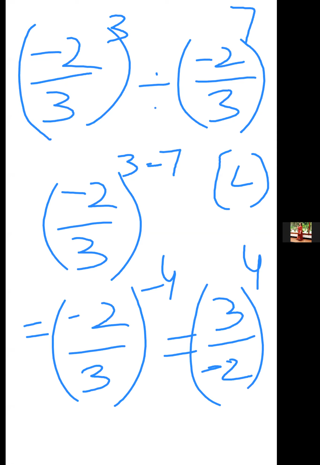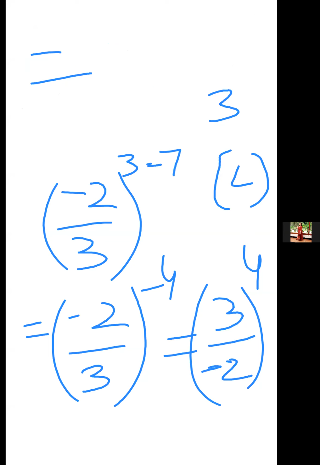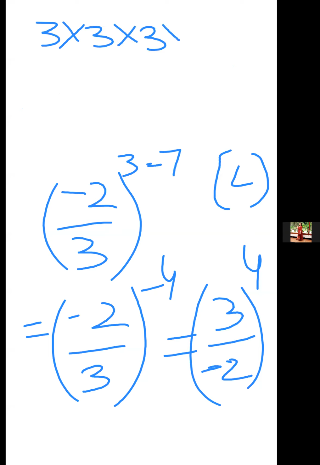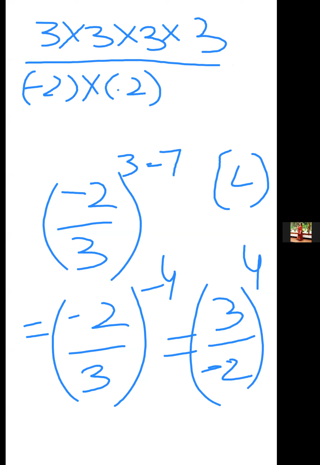Now you have to open the number. 3 multiply 4 times and minus 2 multiply 4 times, because we have to simplify the question. You have to write in brackets, because 2 signs never come together. So 4 minus signs will be cut.